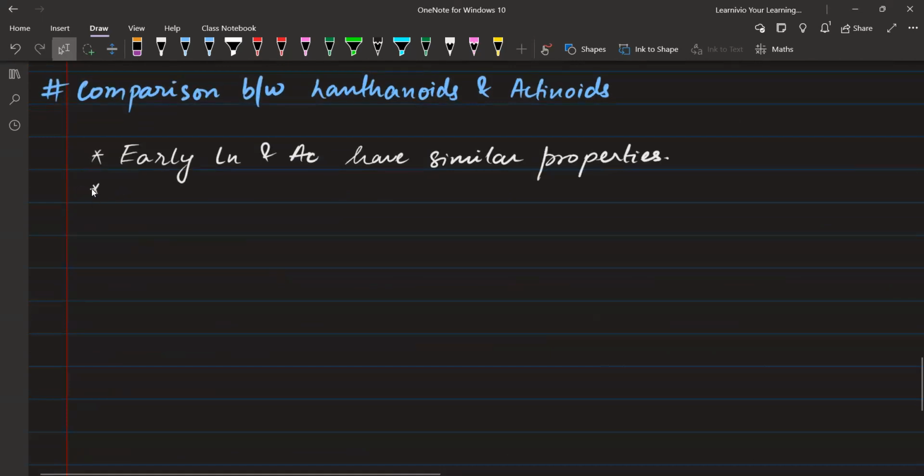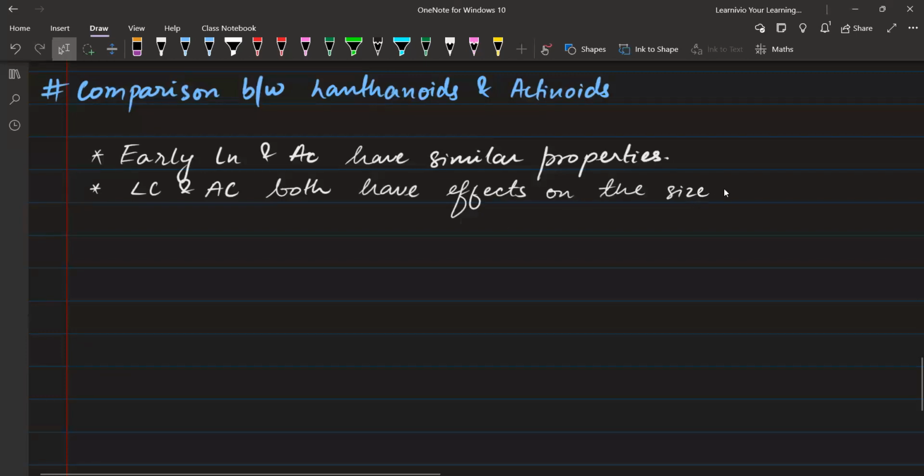Now, next point is lanthanide contraction and actinide contraction both have effects on the size and properties of succeeding elements.